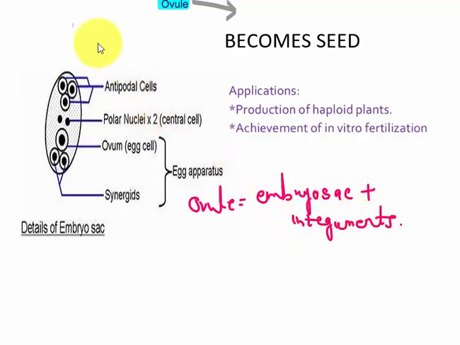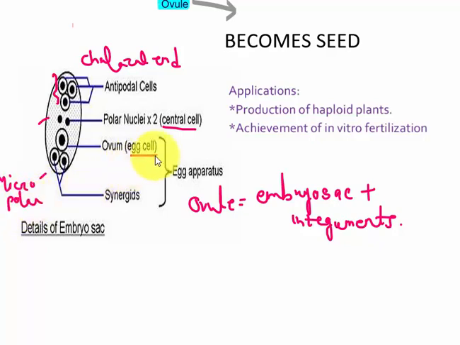Okay. So these are the unfertilized cells of the embryo sac. First, three antipodal cells in the chalazal end, polar nuclei in the central cell, already mentioned, and in the micropylar end, there is one egg cell and synergids. That is completely called the egg apparatus.